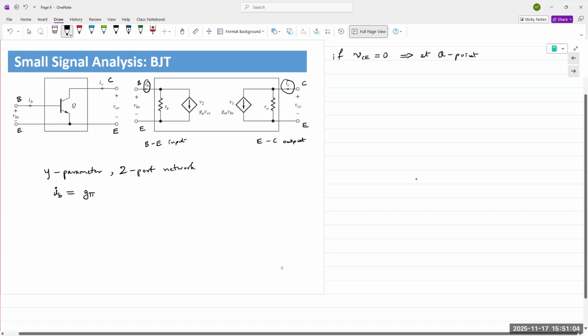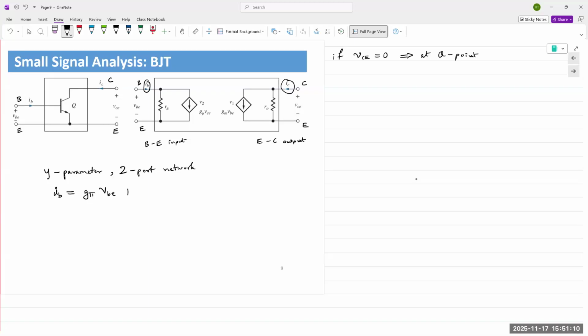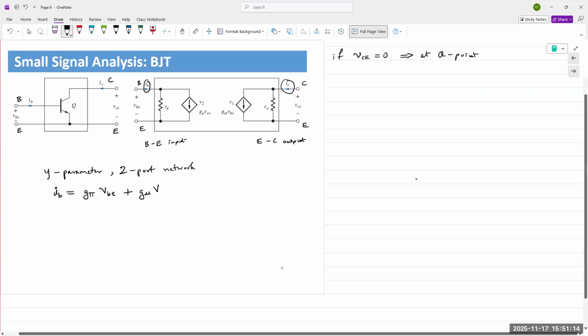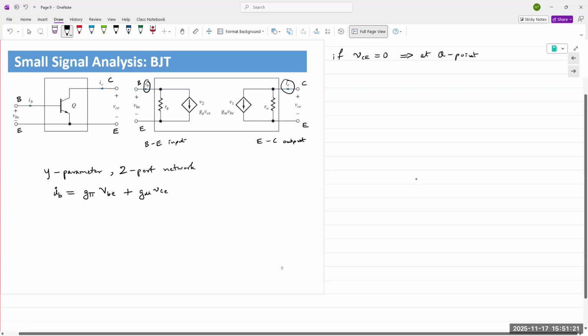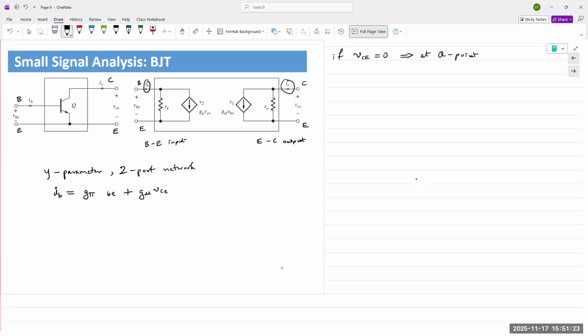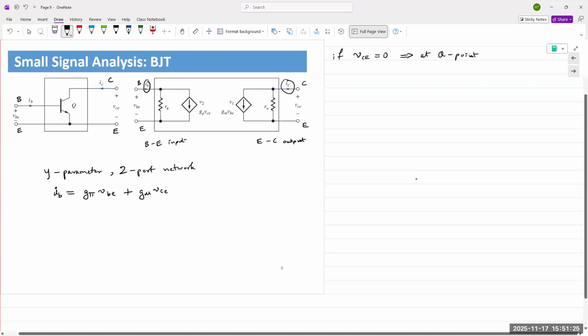IB can be written as G pi times VBE plus G mu, Greek letter mu, times VCE. It should be lowercase, because it's all AC analysis, so everything must be lowercase.